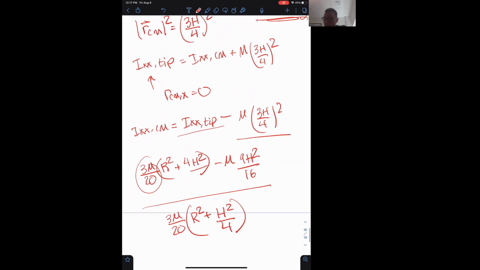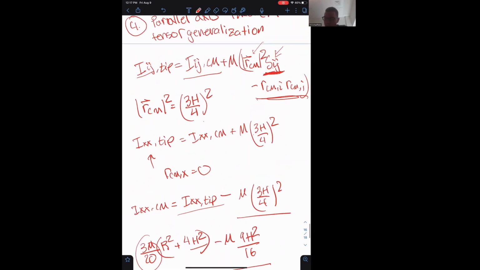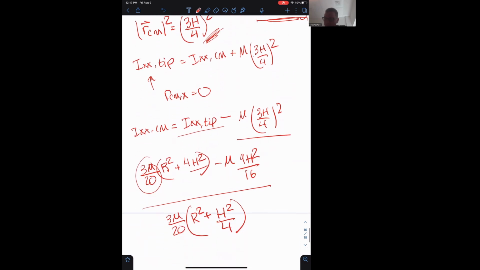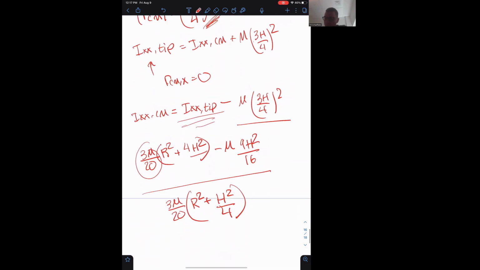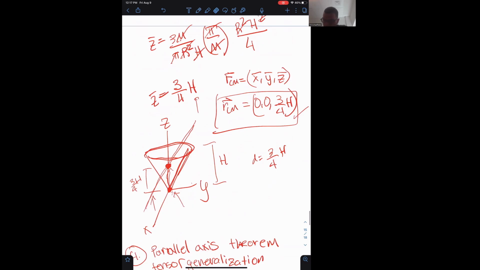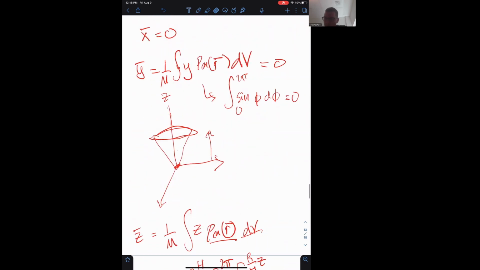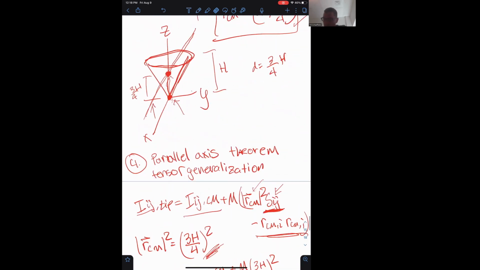really all you're doing is subtracting this distance from the component that we already found in the last problem, because that's the parallel distance we're moving away from that axis. That's why it's called the parallel axis theorem right there.